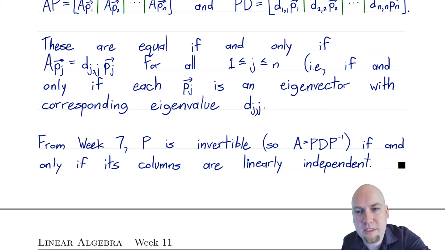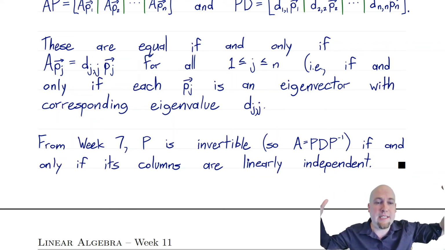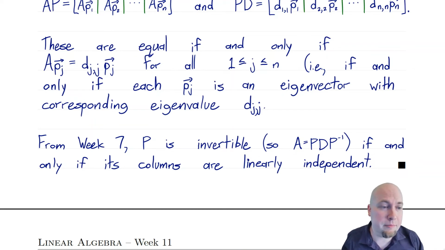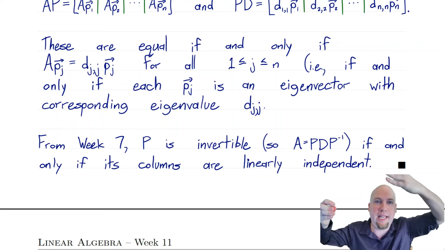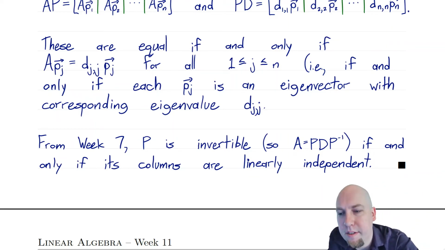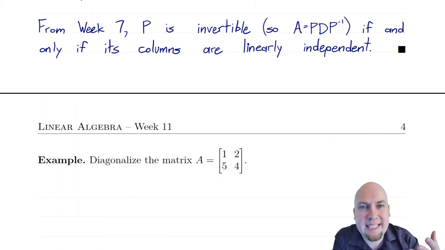We just saw that its columns are necessarily eigenvectors, so the matrix A is diagonalizable if and only if those columns, the eigenvectors, form a linearly independent set. And we have to be able to find enough of them, a full set of n of them, to fill out those columns. So that's basically the proof. It's sort of a Cliff's Notes jumbled around version of the proof, but that's the idea.